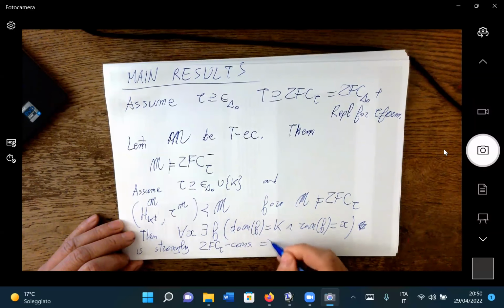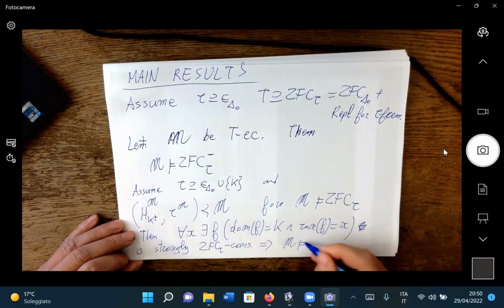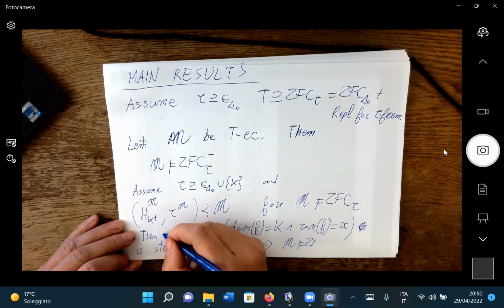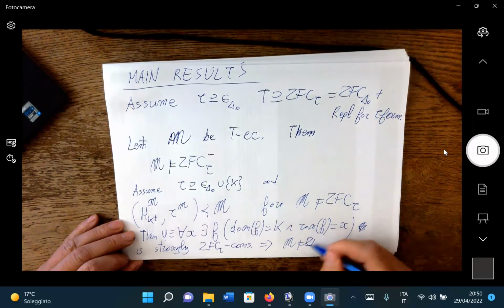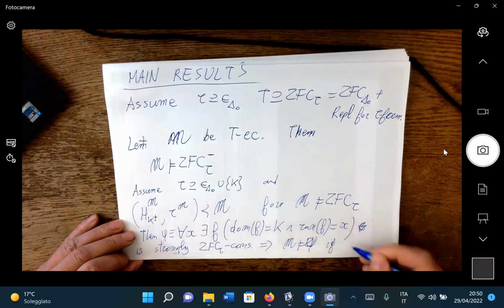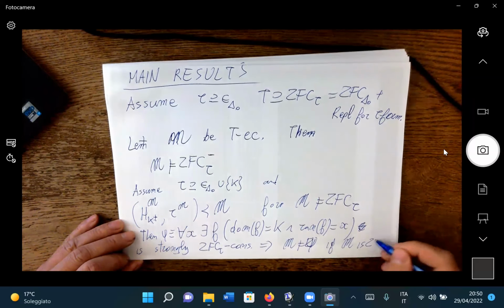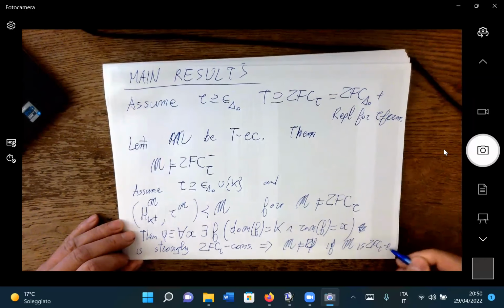In particular, M models this formula. Let's say C. M models C if M is ZFC tau EC.